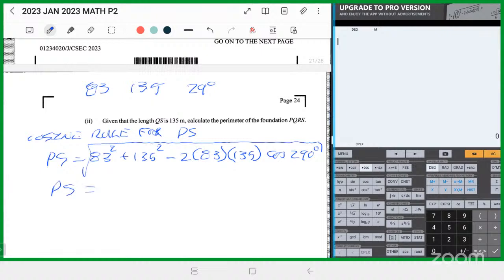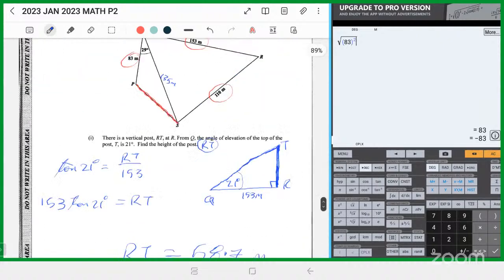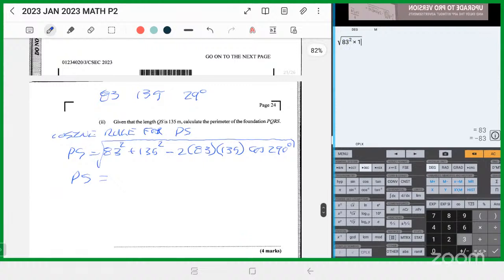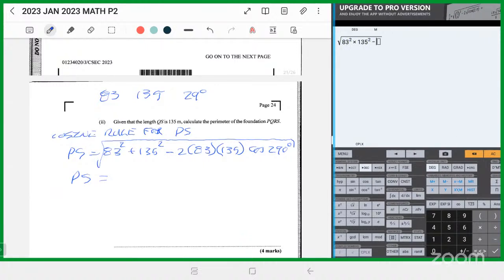Let's plot here. The square root of 83 squared plus 135 squared minus 2 times 83 times 135 times cosine 29.